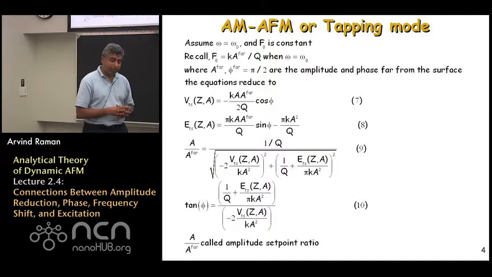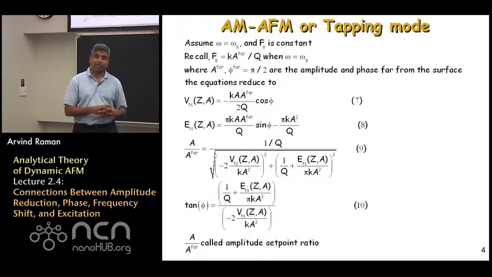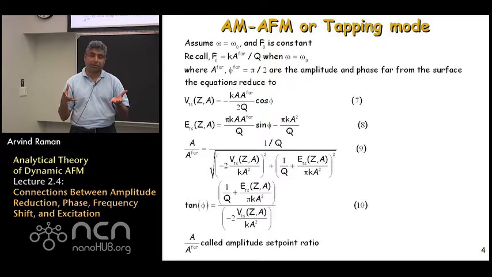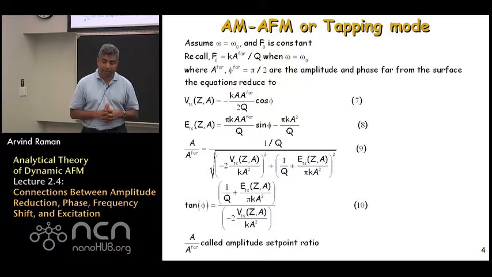So now what we do is take the equations we derived previously and focus on how we would use them to understand the physics of image formation and the material contrast in tapping mode, or AM-AFM.